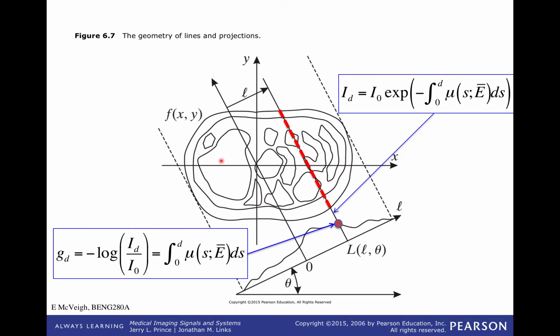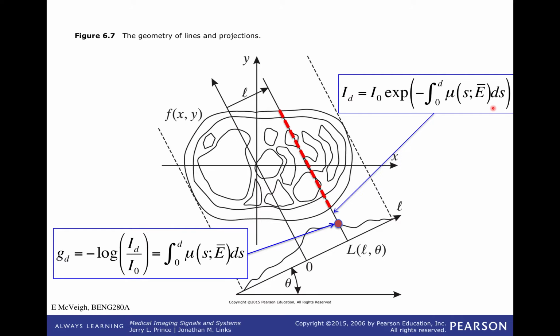So when we look at it again along this line, if 0 is up here, my integral would start changing its value as I come across to this point. Just as I exit the patient, I have this intensity that I'm going to measure, and it's proportional to this integral. Is it log or actual log? It's ln, yeah.